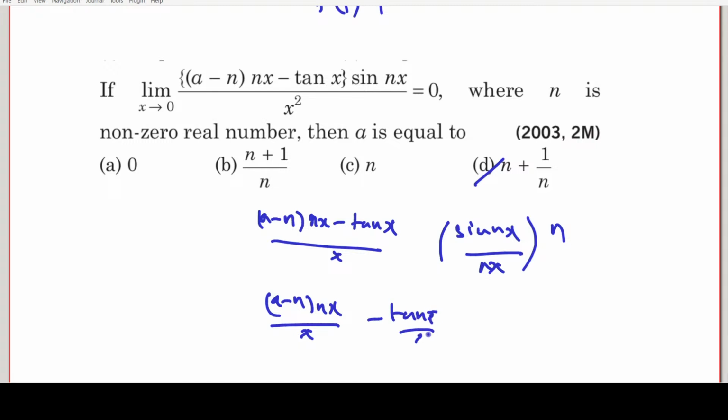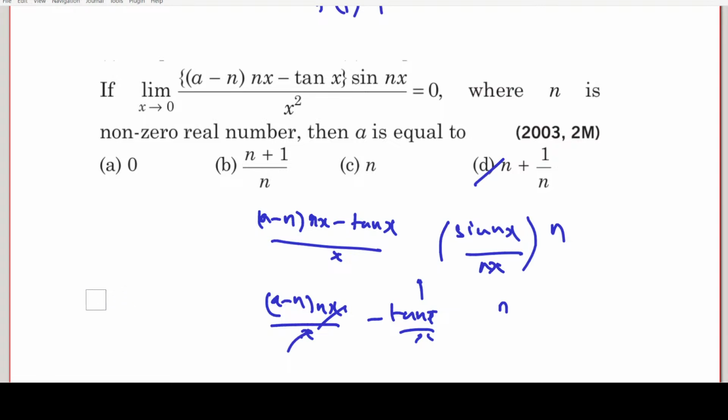Right, this and this will get cancelled, right? Sir, this tan x by x is equal to 1, and sin x by x is equal to 1. And what will this one be? a minus n, this will be equal to 0, sir. This is a n minus n square.